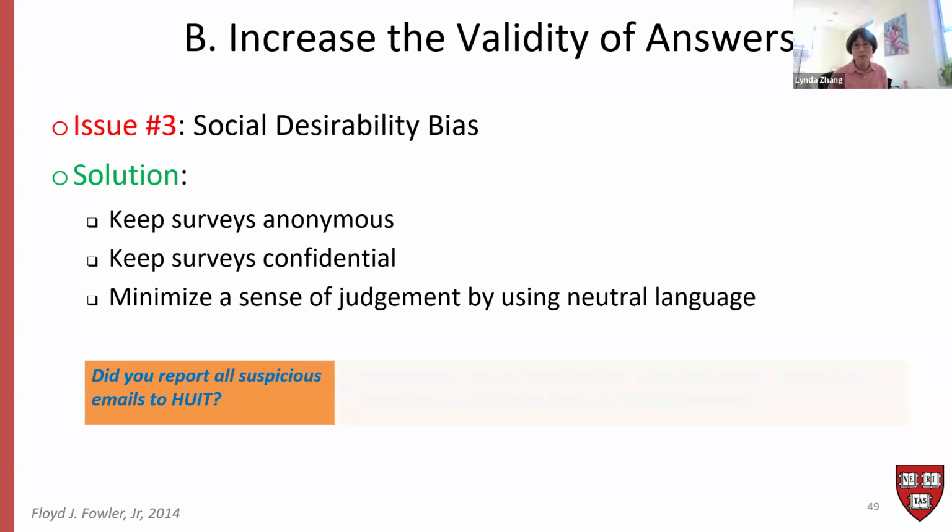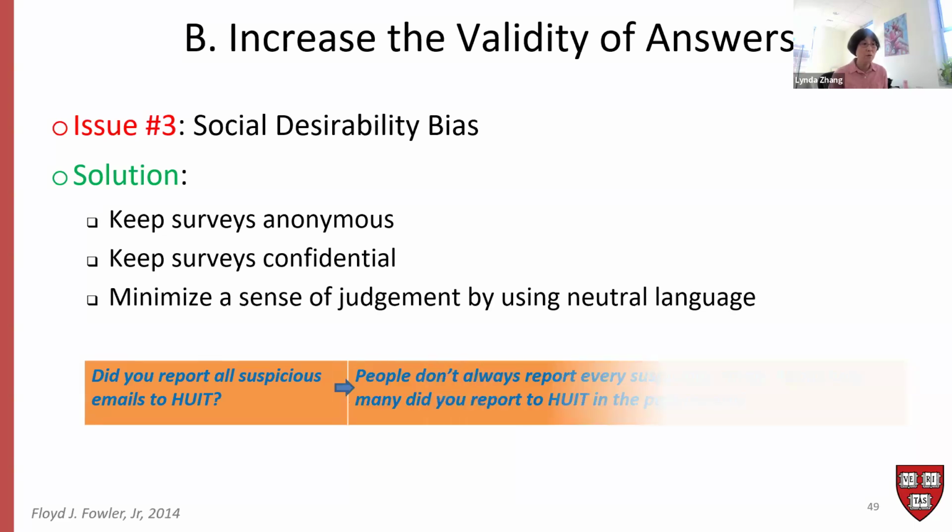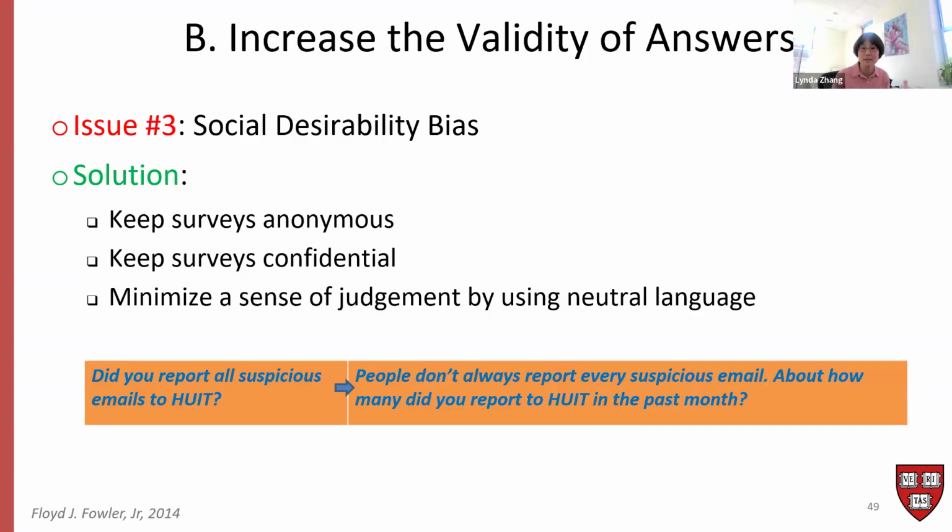And sometimes if you say that people don't always report every suspicious email, about how many times did you report? So this would allow respondents to honestly report the truthful response without giving a socially desirable answer. Yes, I reported all suspicious emails, things like that.